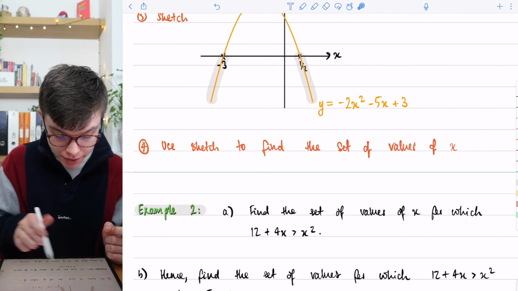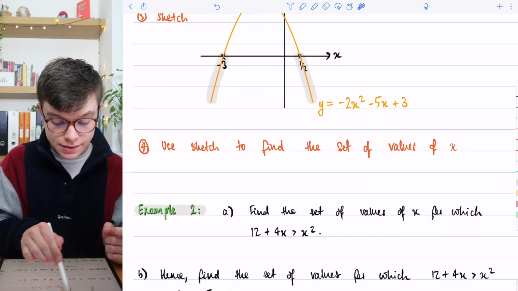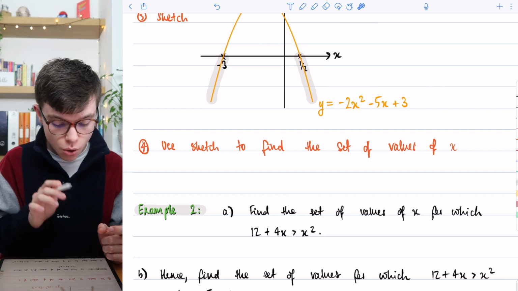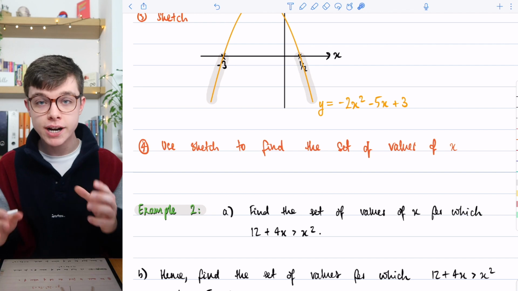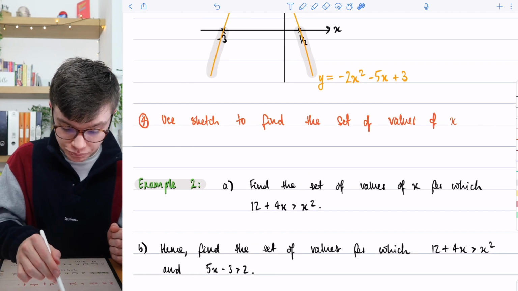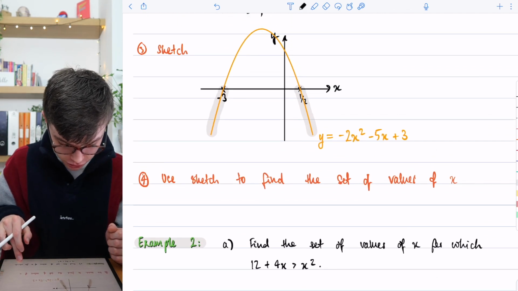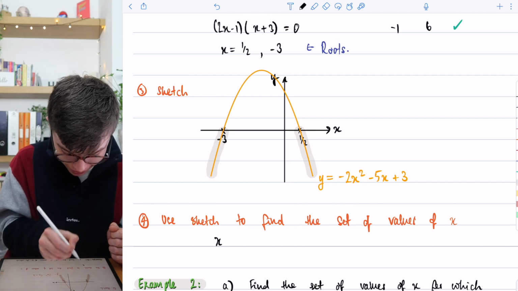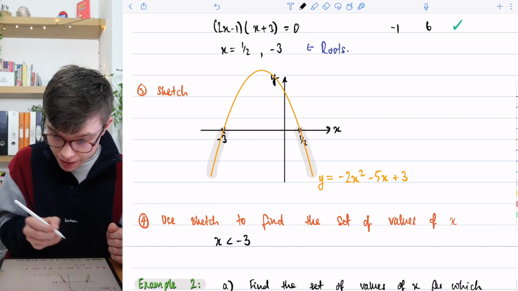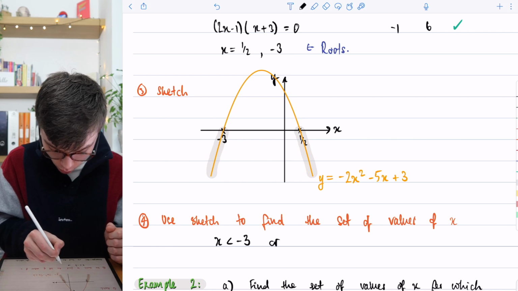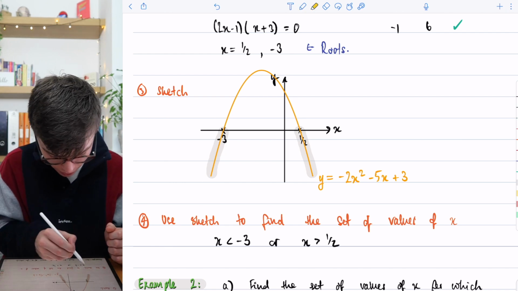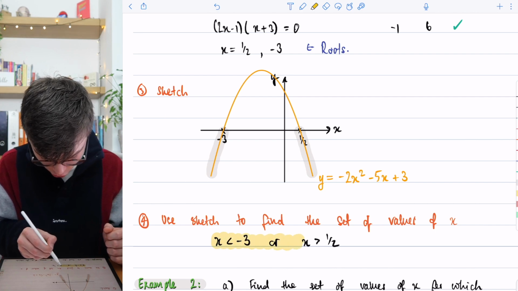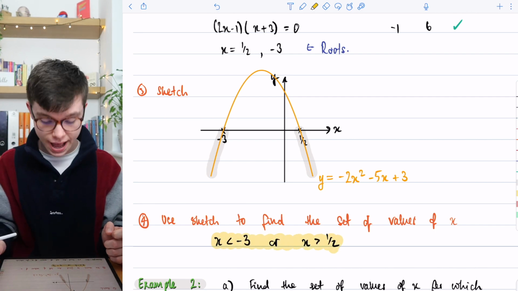Because the grey parts of the graph are not connected, we're going to have two separate inequalities as our answer: x being less than -3, or x being greater than 1/2. Those are your two inequalities as your answer.